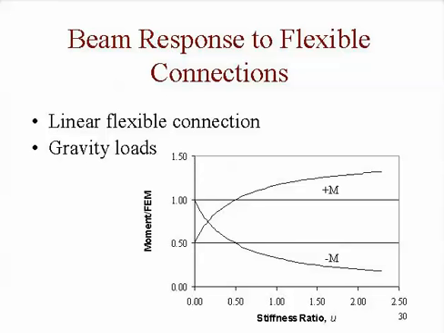Because if you're down here, the end moment is higher. And if you're from here out, in terms of the stiffness ratio, the center line moment is higher. All right? So that beam for gravity load, uniform gravity load, is going to be designed for WL squared over 16, the absolute best case scenario.